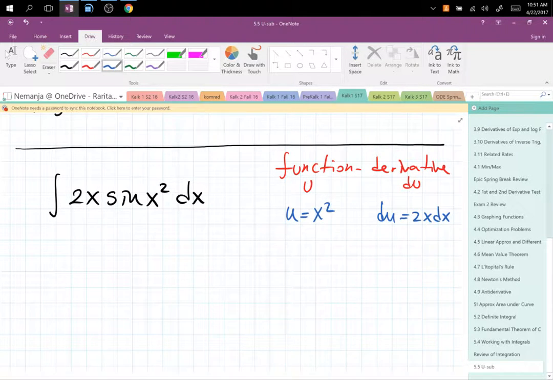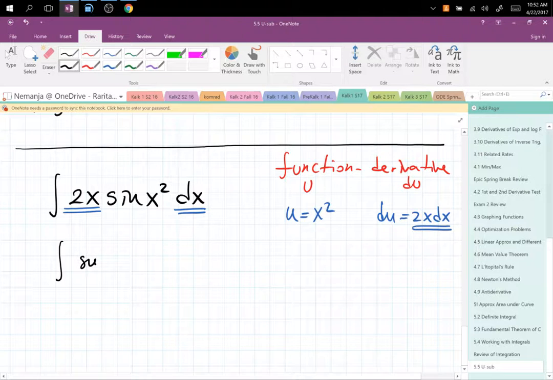Well, substitute and check. I have a string of 2x dx. All of that is du. So if you carefully look at this integral, this changes into sine u du, which is easy, right?